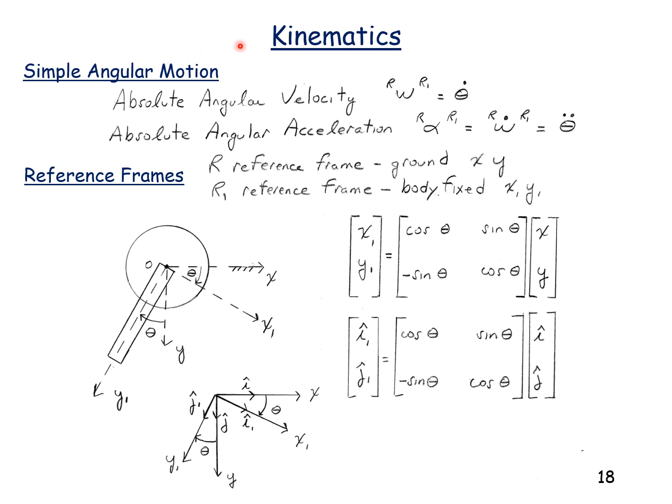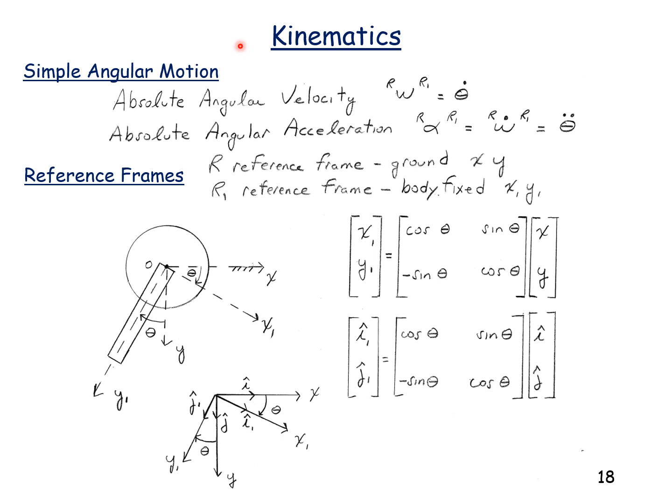Once we consider the mass distribution, we then move on to kinematics, the geometry of motion. If I look at the angular motion of this rigid body, we call this simple angular motion. The reason we call it simple angular motion is because the z-axis of the grounded reference frame and the z-axis of the body fixed axes do not change orientation during the motion.